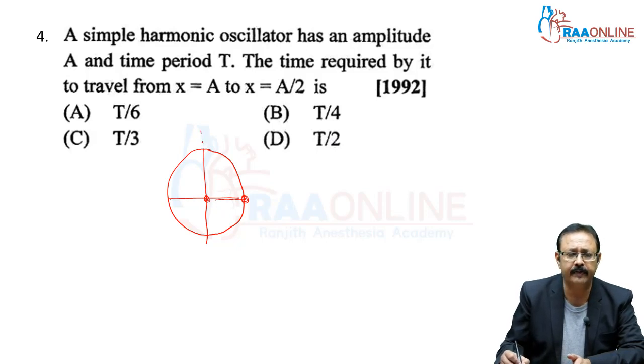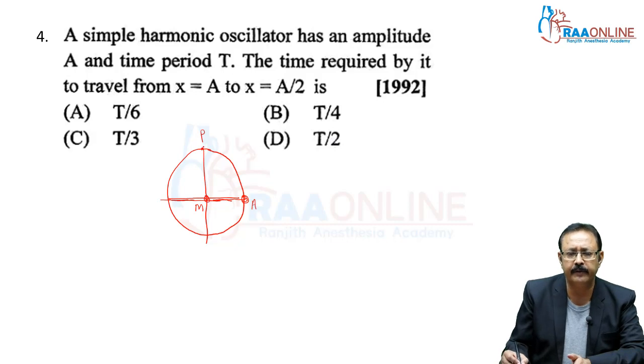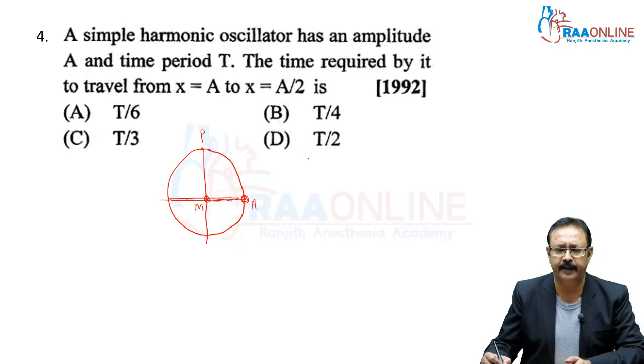Initially P was here. They are taking simple harmonic motion along the x-axis. So if P was here, M was at this point. M will reach this point A when P moves by 90 degrees. Initially the equation was x is equals to A sine omega t.